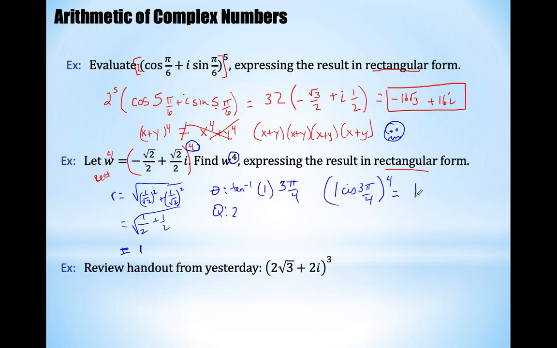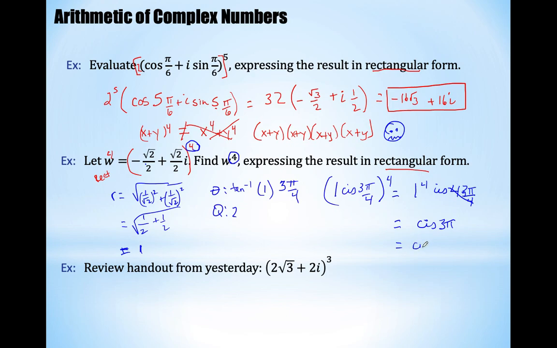Well, isn't that just 1 to the 4th cis 4 times 3 pi over 4? But the 4's cancel out. So I end up with 1 cis 3 pi.